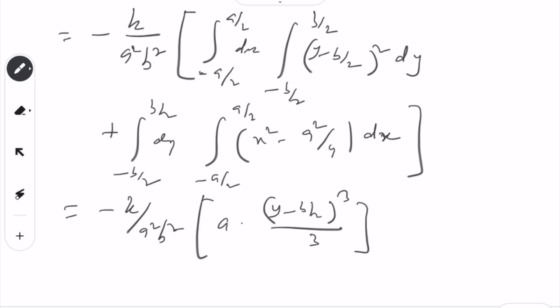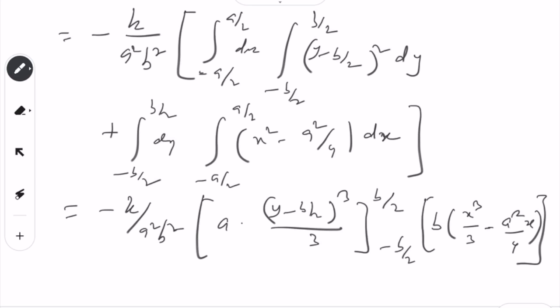This is from b over 2 to minus b over 2. This value is b, so similarly you can have here b, and here we have x cube over 3 minus a square x over 4, right, and then you have a over 2 to minus a over 2.